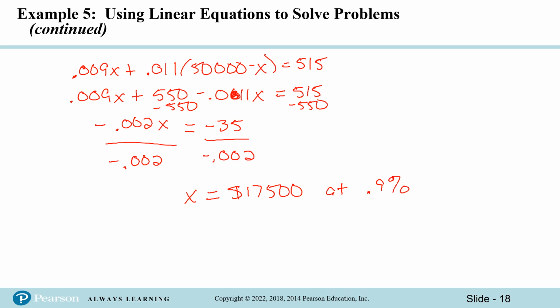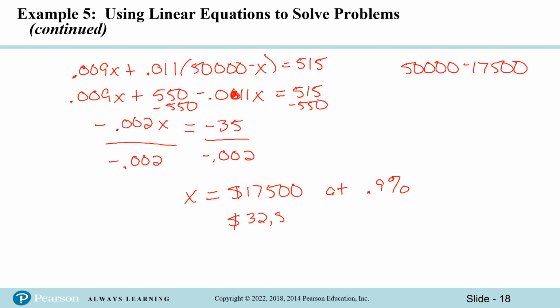Okay, now you have to go back to the original problem to make sure you answered the question that's asked. Again, I can't go back on my slides, but it says, how much did you invest at each rate? So we need to know both of them. So to find the other one, we would take our 50,000 and subtract our 17,500, and that gives us what? 32,500.